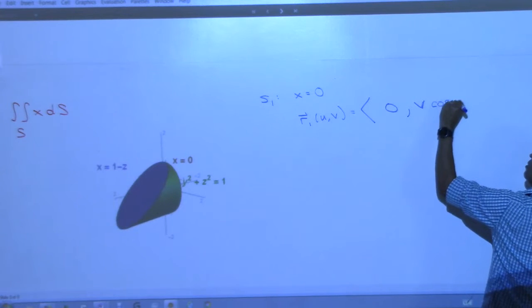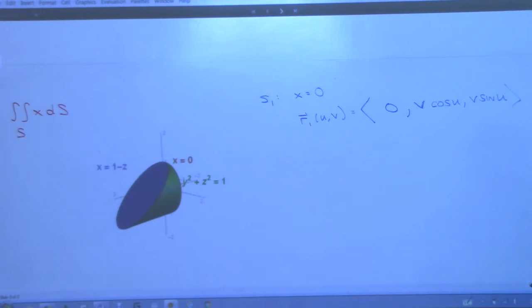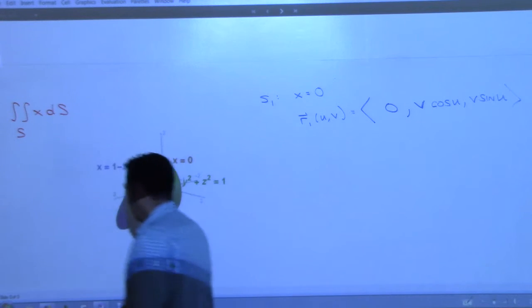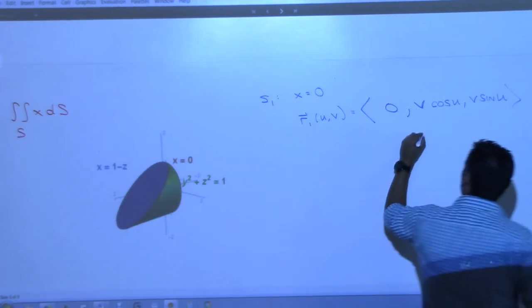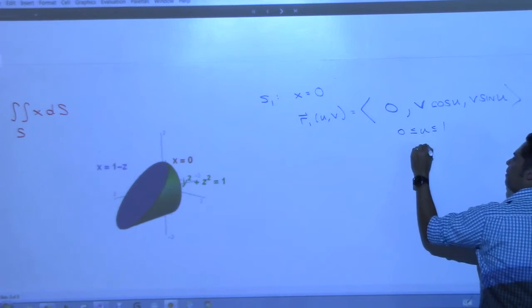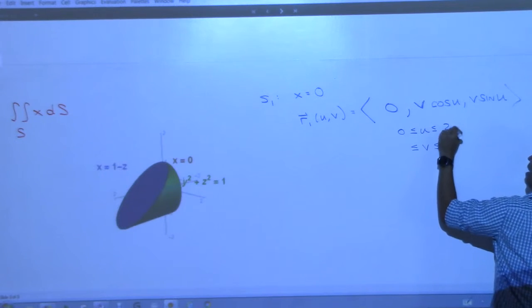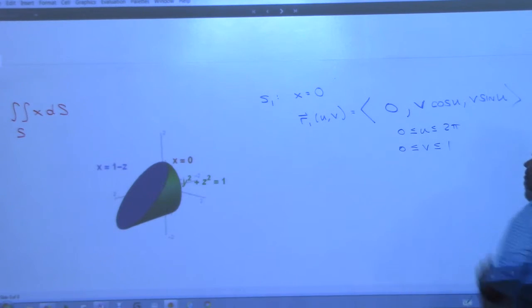V cosine u, v sine u. Right? That's r1. What are our restrictions on v and u? 0 to 1 for v, and u was 0 to 2 pi. Okay, that'll do it.